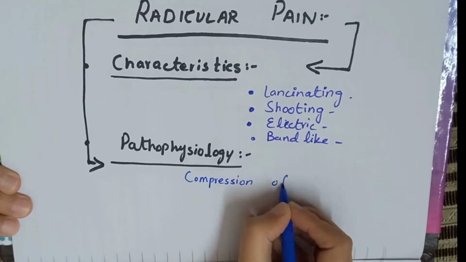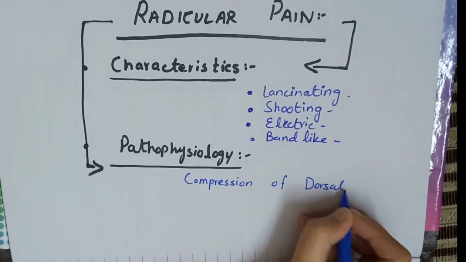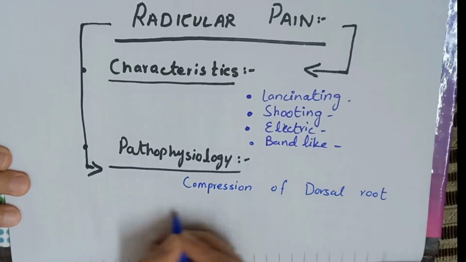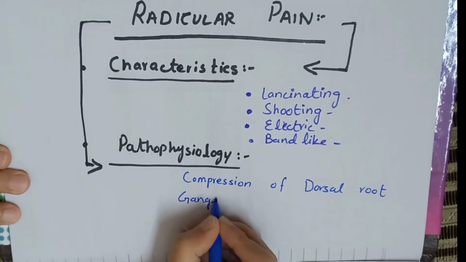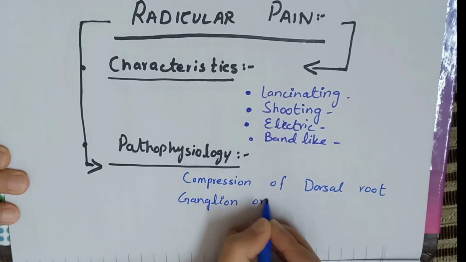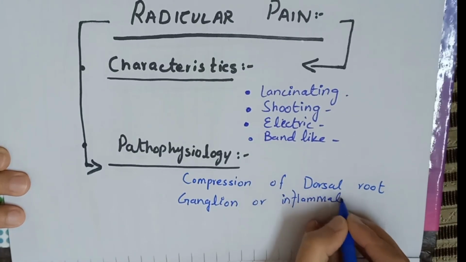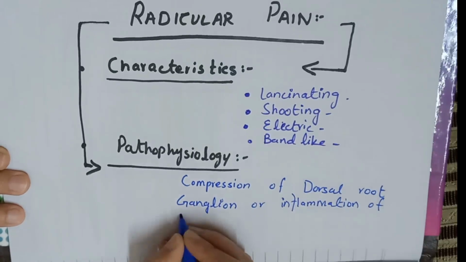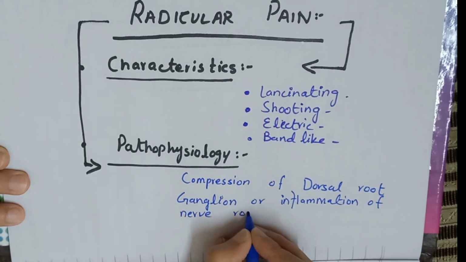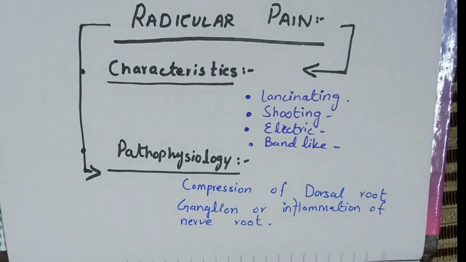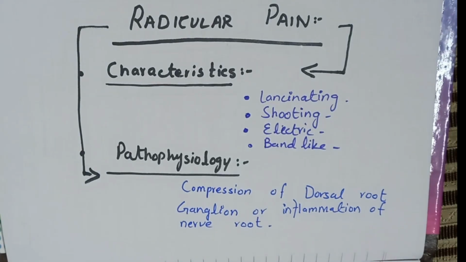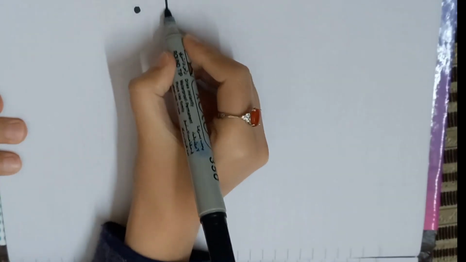Compression of dorsal root ganglion or inflammation of nerve root. So this is the pathophysiology of the radicular pain and characteristics.